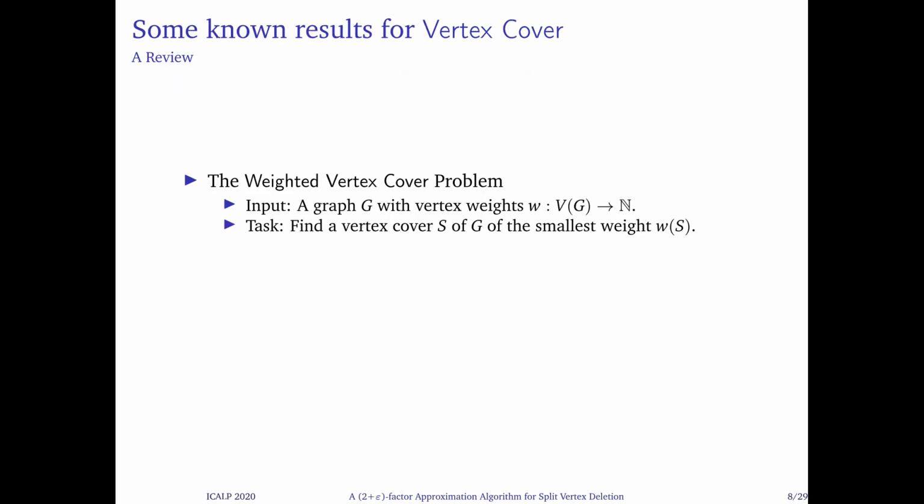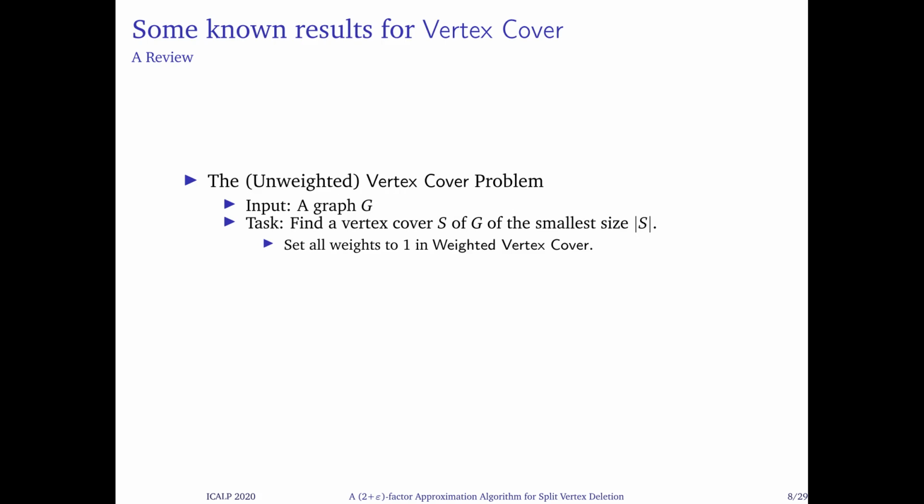Before seeing our results, let's review some known results for vertex cover. The weighted vertex cover problem has as input a graph G with integer vertex weights, and it asks for a vertex cover S of the graph of the smallest weight. And the unweighted vertex cover problem has as input a graph G, and it asks for a vertex cover S of G of the smallest size.